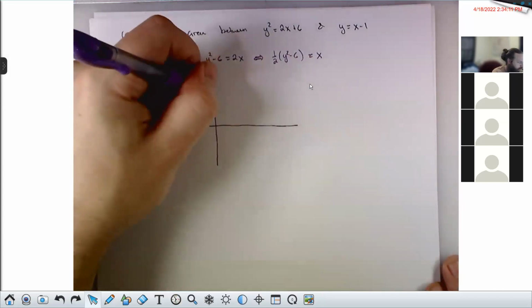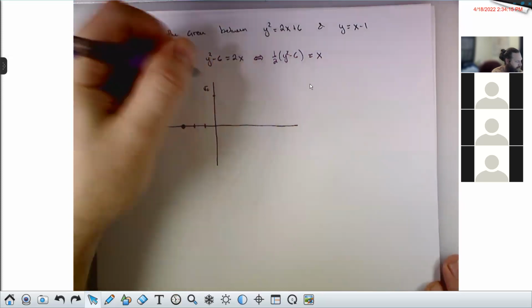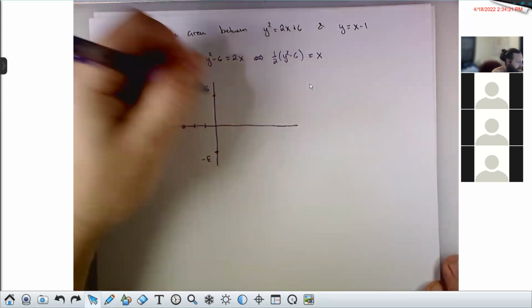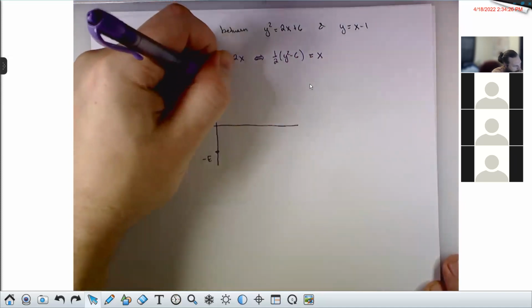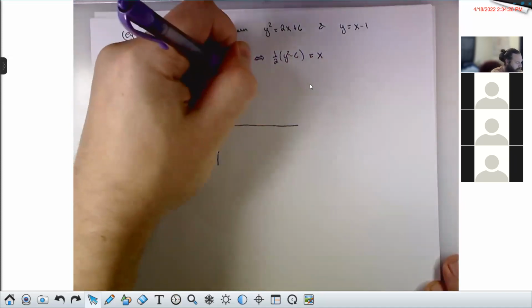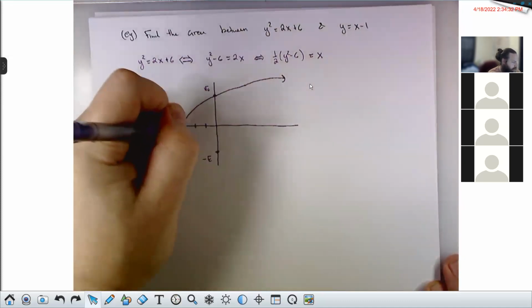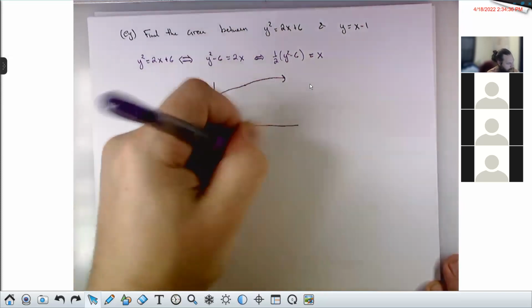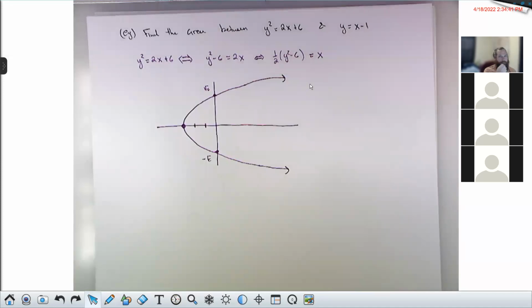So I'll just call this right here the square root of 6, and here, -square root of 6. So here's that parabola, something like this.